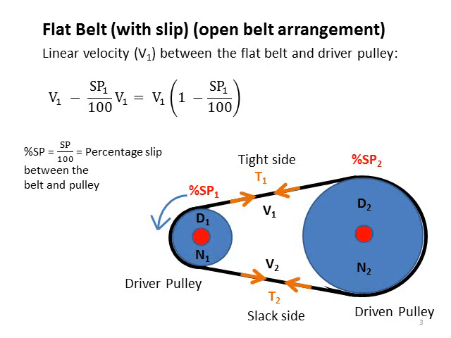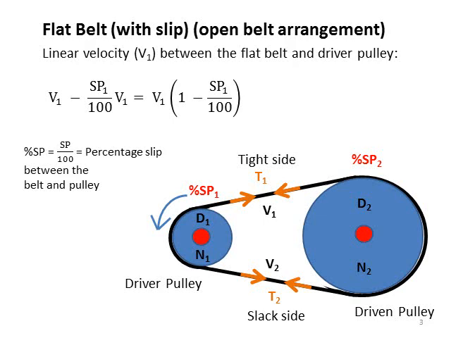In the case of slip condition, the effective velocity between the belt at the tight side and the driver pulley will be somewhat different from your expectation, and similarly the velocity at the slack side and the driven pulley will also be much different from what you perceive.